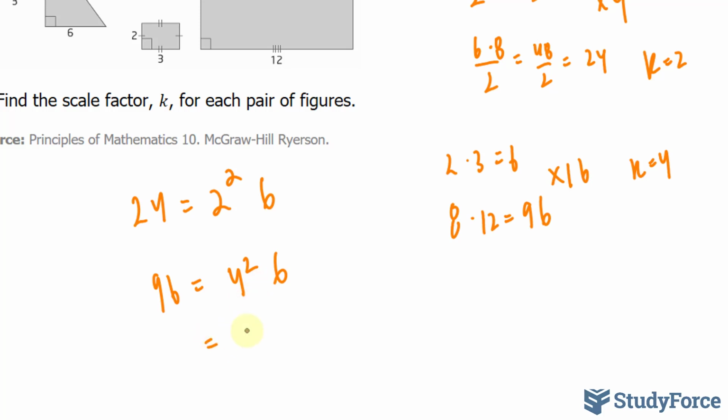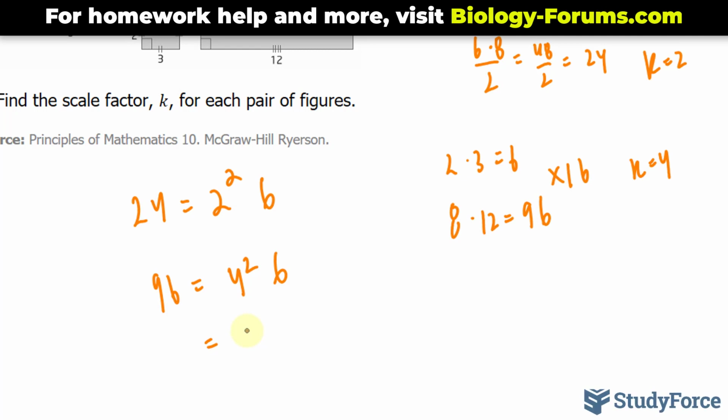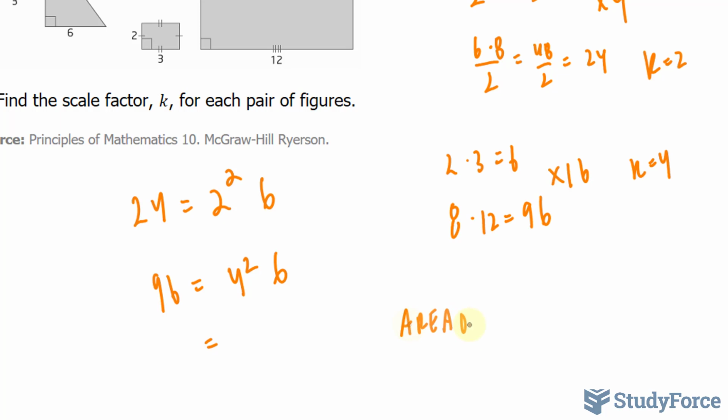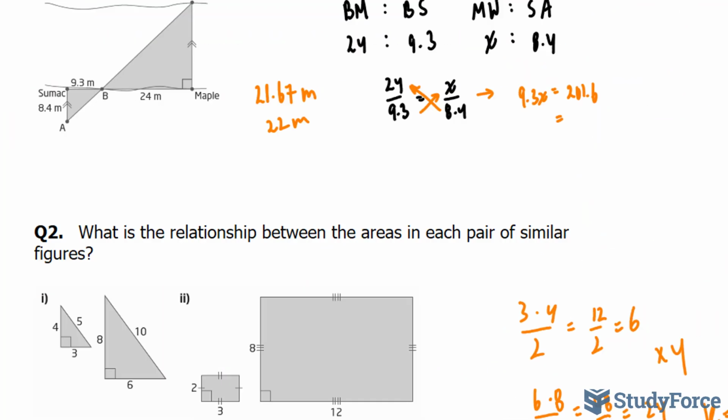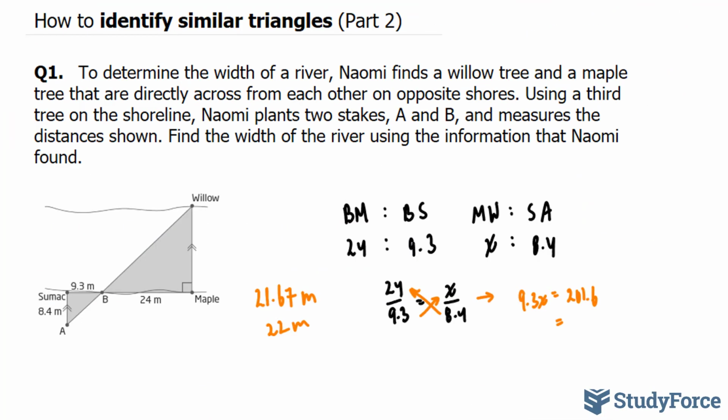That's 96. So we can generally say that the relationship for similar figures is that the area of large is equal to K squared times the area of small. And this is only the case with similar figures. There you have it. That is how to identify similar triangles.